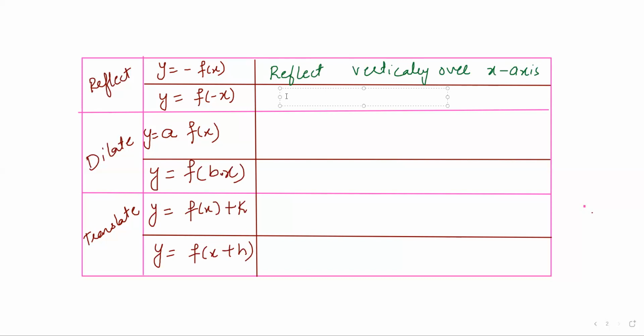Y is equal to f of negative x means reflect horizontally over the y-axis.